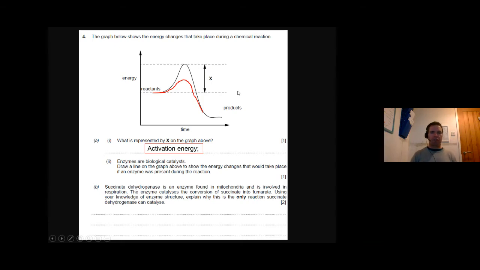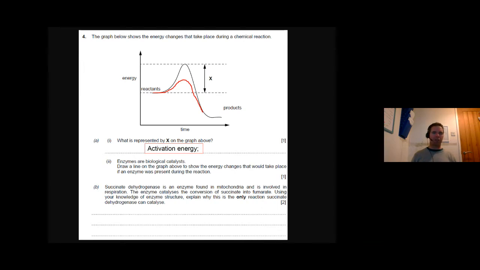And then it says this, look, succinate dehydrogenase is an enzyme found in mitochondria and is involved in respiration. The enzyme catalyzes the conversion of succinate into fumarate. Using your knowledge of enzyme structure, explain why this is the only reaction succinate dehydrogenase can catalyze. So this is asking about the specificity of enzymes.